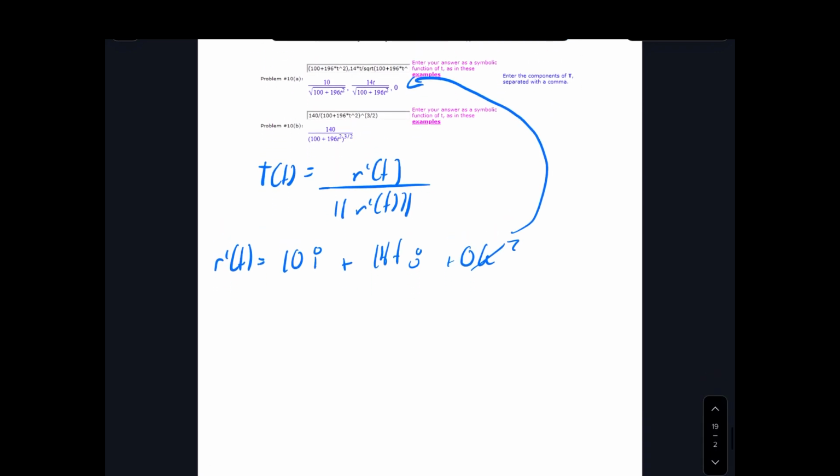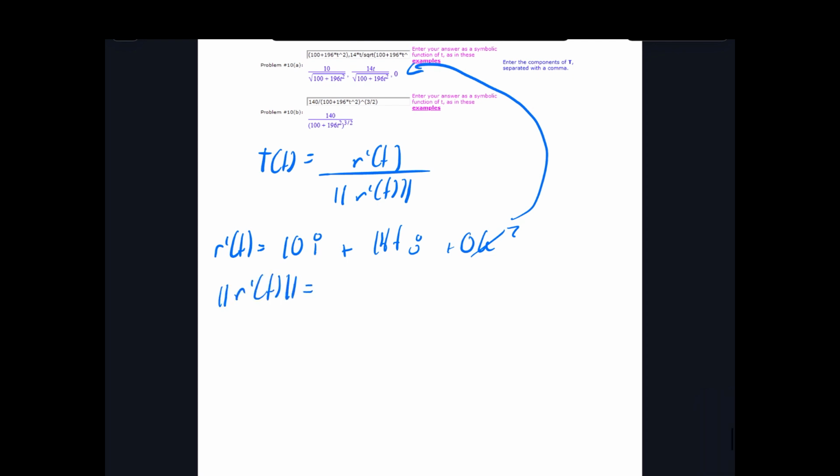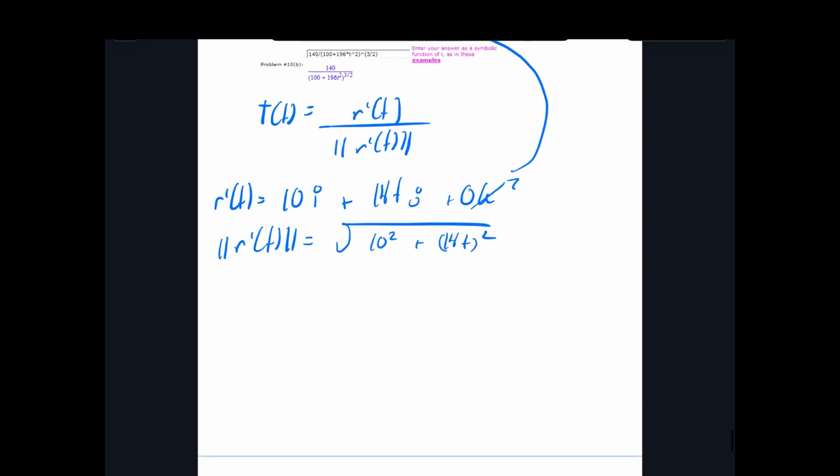Now we have the numerator. We need the norm of r prime at t, which equals the square root of 10 squared plus 14t, all squared. There we go.